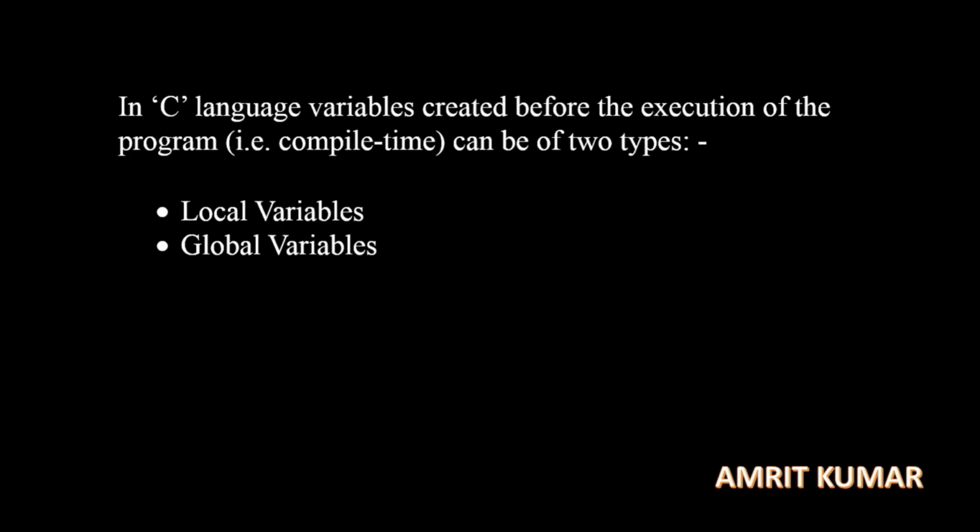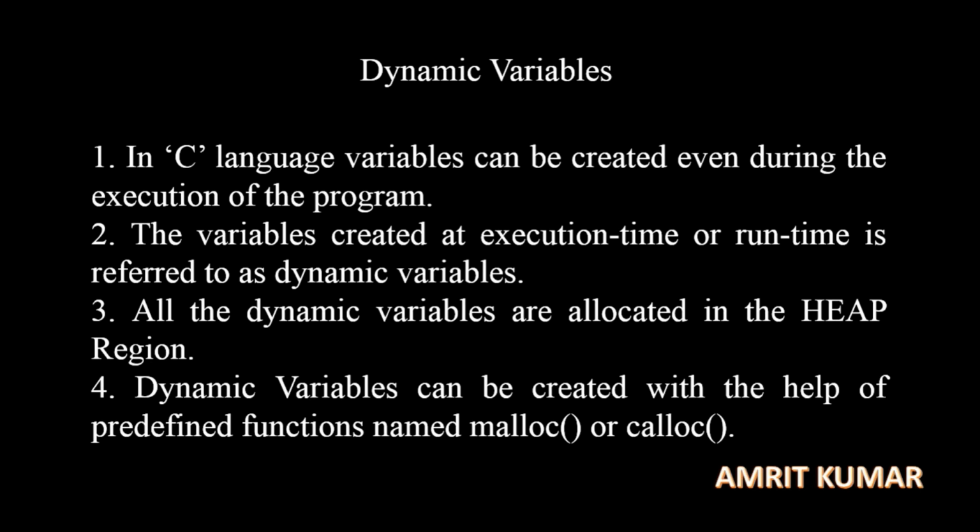In dynamic variables, we have learned that a variable created at execution time or run time is referred to as a dynamic variable, and all the dynamic variables are allocated in the heap region. That is C's memory structure, C's memory mapping. In the heap region, all the dynamic variables are stored, and we have also studied that they can be created with the help of functions named malloc and calloc.